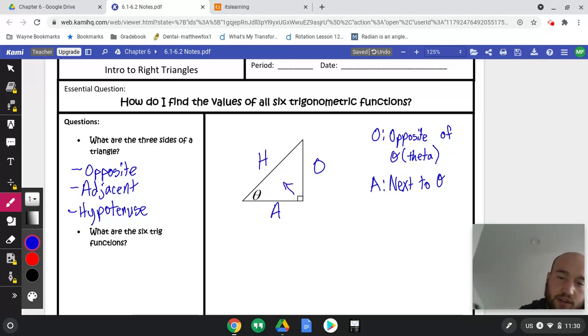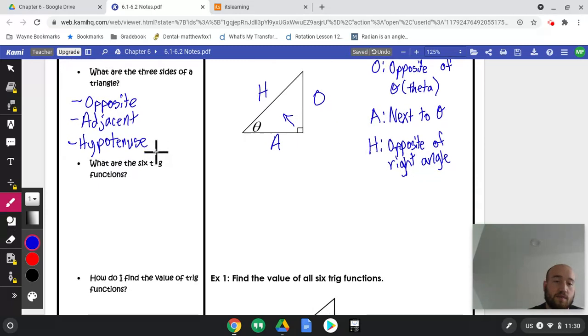So it's across there from the right angle. So H is always going to be opposite of your right angle. Also, your hypotenuse is your longest side. So if it's drawn for you, if you have a visual, you can know just by measuring if you needed to. So opposite of the right angle.